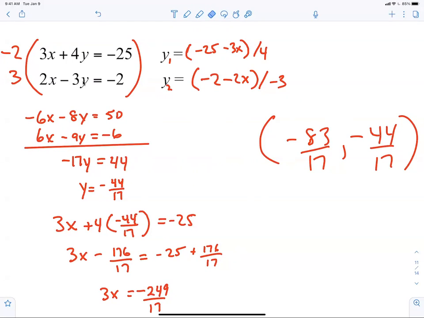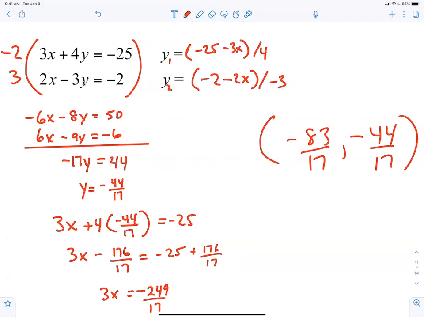Some of you are not listening to me, so I want you to hear me. I want to see if my decimal converts to that fraction, right? So I want everybody to go to your home screen. After you found the point of intersection, go to your home screen, then hit X, and then hit math, enter, enter. And it should come up negative 83 over 17.